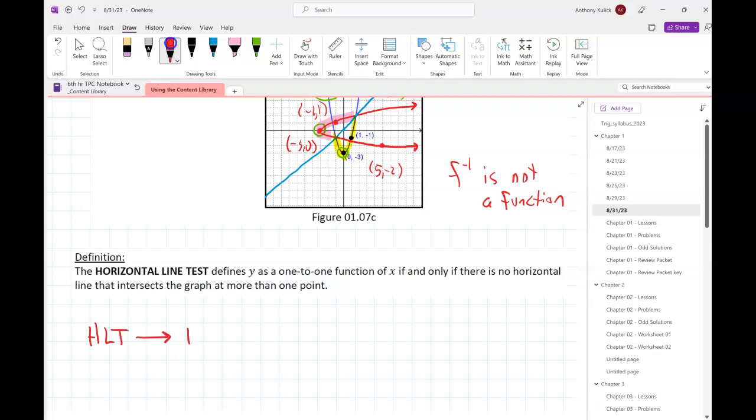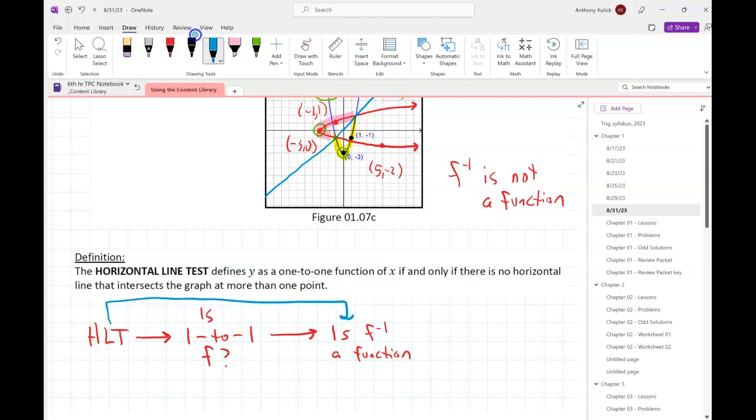The HLT will tell you if f is one-to-one, which will tell you if f inverse is a function, right? So really I can use that horizontal line test on f to check if f inverse is a function.